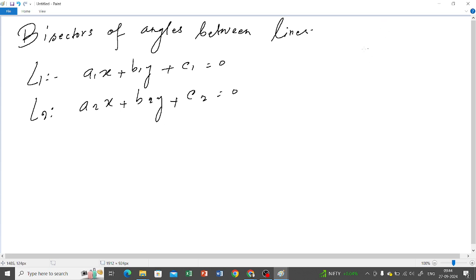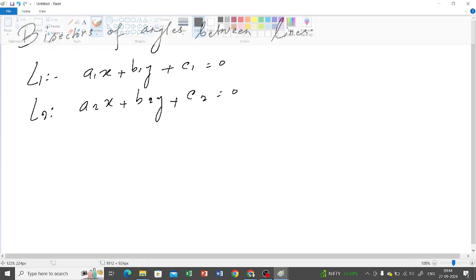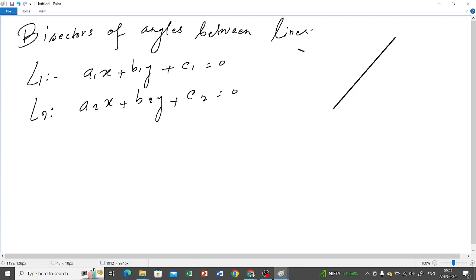So angle bisector means, here we have two lines, say for example this one and this one. Okay, so angle bisector is this, right? So this is L1, this is L2, and this is the angle bisector L3.